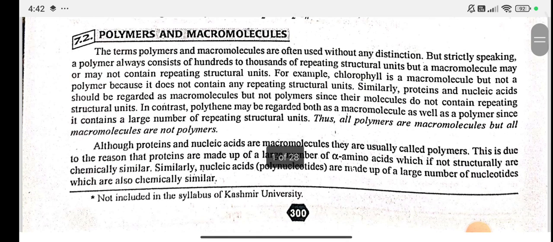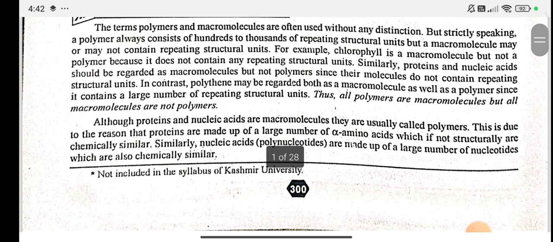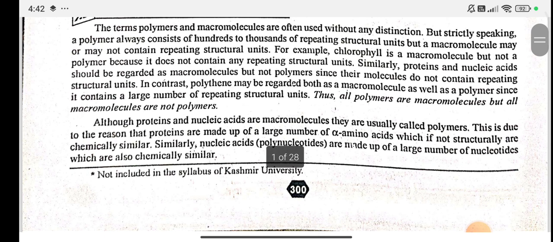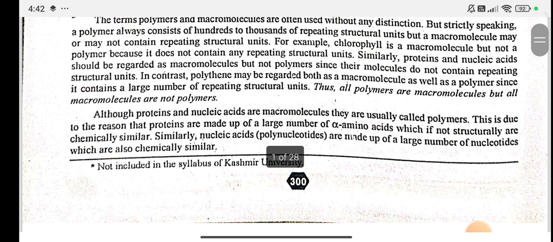Polymers and macromolecules. The terms polymers and macromolecules are often used without any distinction, but strictly speaking, all polymers always consist of 100 to 1000 of repeating structural units, but macromolecules may or may not contain repeating units. For example, chlorophyll is a macromolecule but not a polymer because it does not contain any repeating structural units.